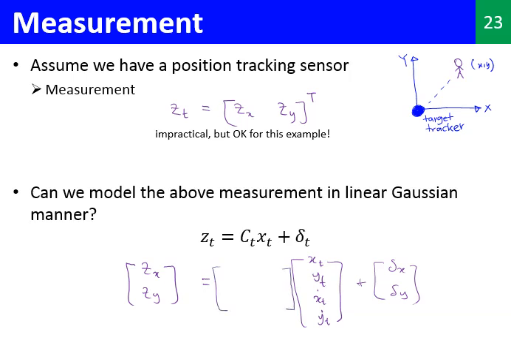So this is our C matrix, right? And what goes in there? So if you did that correctly, you would get 1 0 0 0, 0 1 0 0. Understood? So only two aspects of the state are covered by the sensor, the x position and y position, and in fact it's okay because we are the ones who included the velocity variables, right? We only wanted to know x and y.